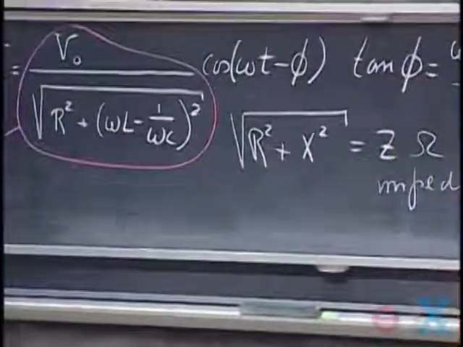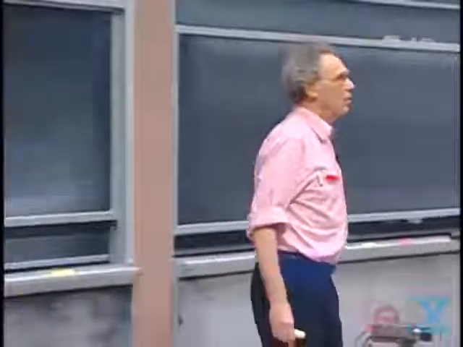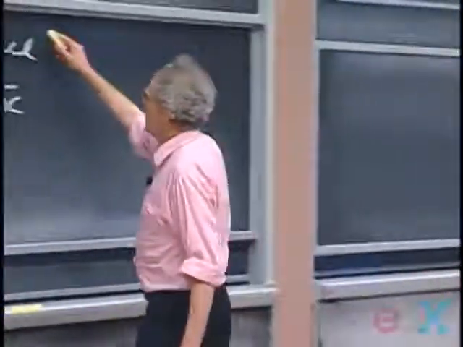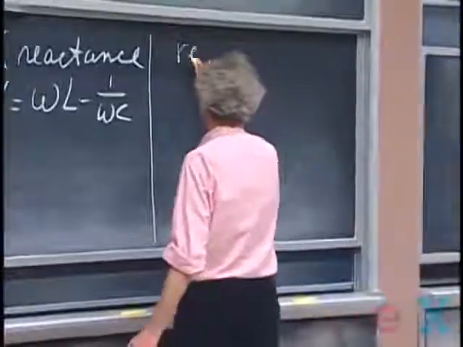And that's what we call resonance. There is no value for omega for which the current is any higher. And so I will call this situation resonance.